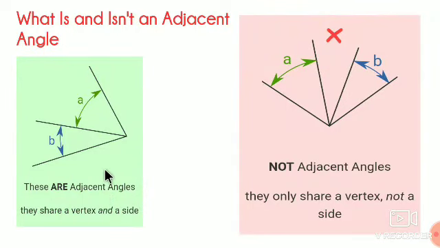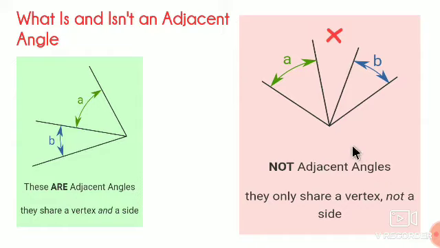Now which angles are adjacent and which are not adjacent angles? Let's see. In this figure, angle A and this angle B have the common arm, common vertex and separate interiors. So this pair is an adjacent angles pair.